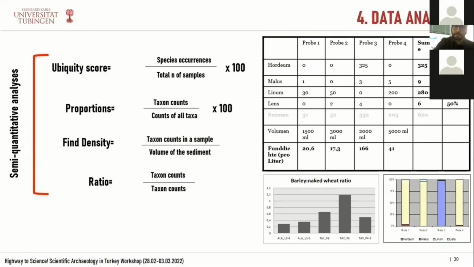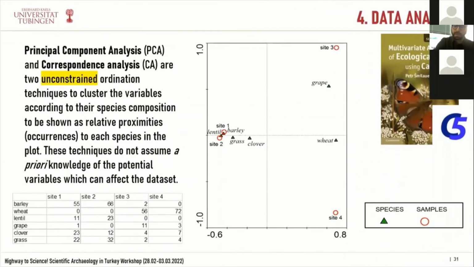semi-quantitative analysis. Then there are quantitative analyses, which are important for us, because if your data set is too big, if there are too many different taxa in your data set, it will be very difficult to control, and it will be difficult to find patterns inside your data set.